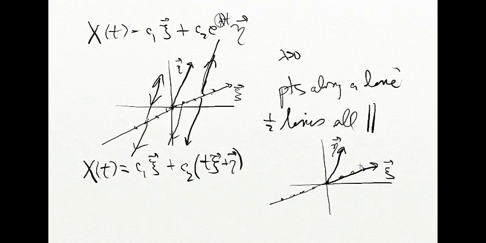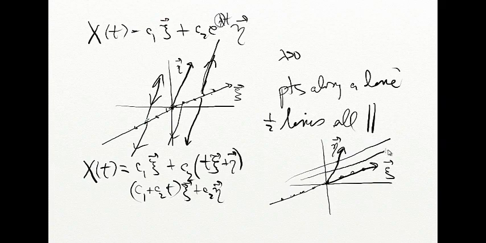But now what happens when c2 is not 0? What we're really doing is c1 plus c2t times xc plus c2 eta. So we're adding a constant times eta, so let's say a point like here, say if c2 is positive, and then we add c1 plus c2t along xc, where t can be any number, so we're basically just going to get a line parallel to xc, and the direction of motion will be positive.